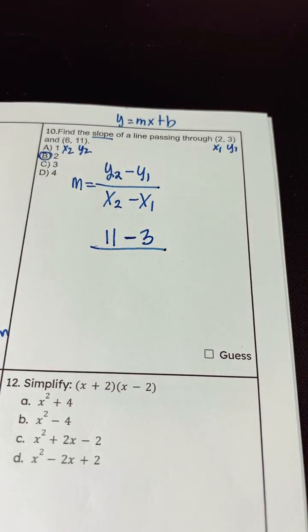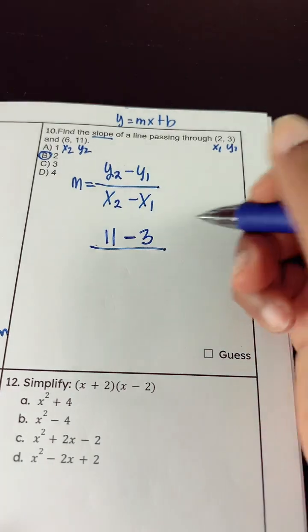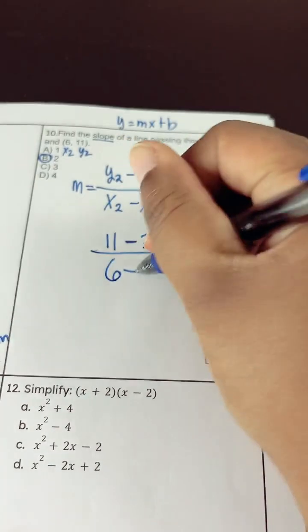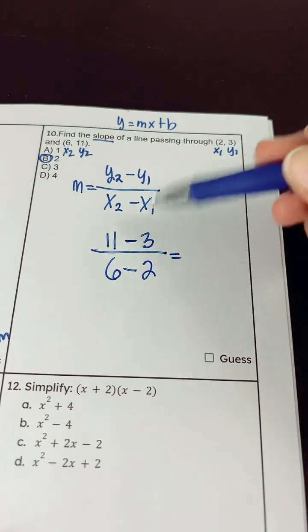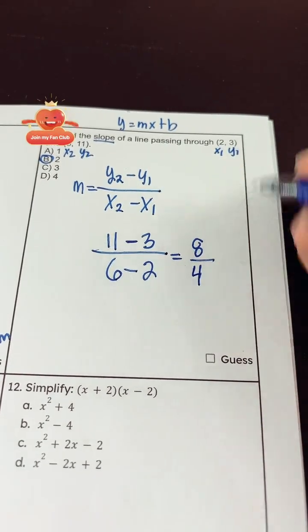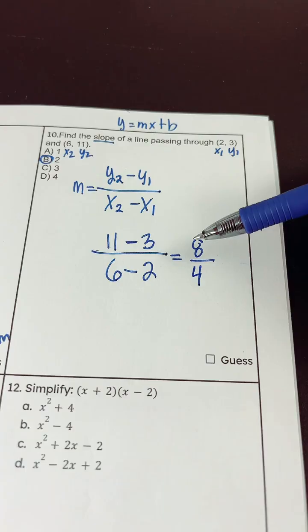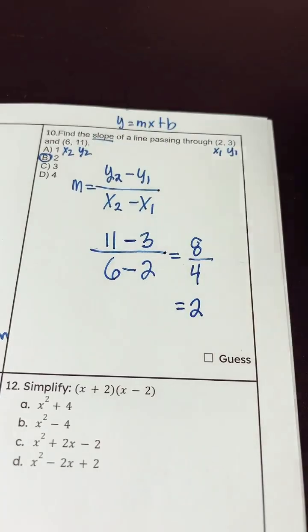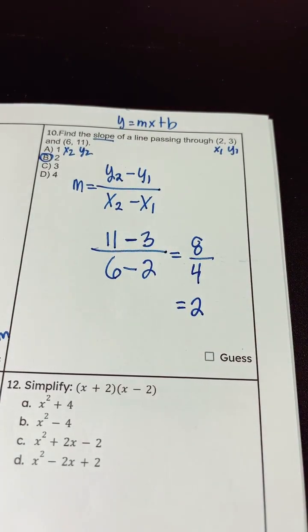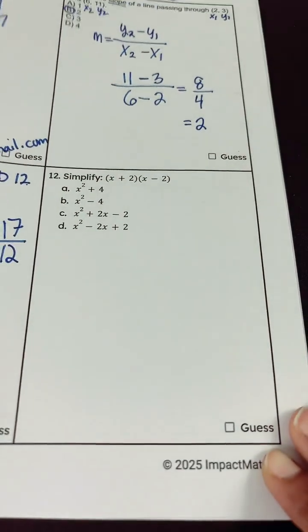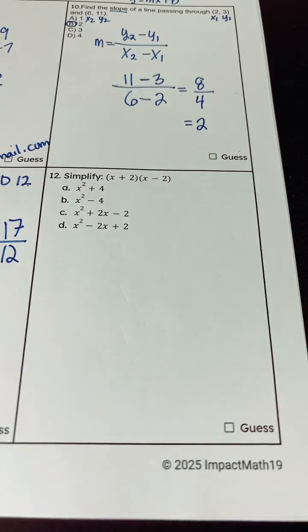Yes. 6, because that's our X2, minus 2. Perfect. 11 minus 3, 8. 6 minus 2, 4. Thank you for grabbing your heart me today. And 8 divided by 4, that is 2. And B is our answer. Wonderful. Good one, Vice. Yes, Austin. Good. All right, let's go to number 12.